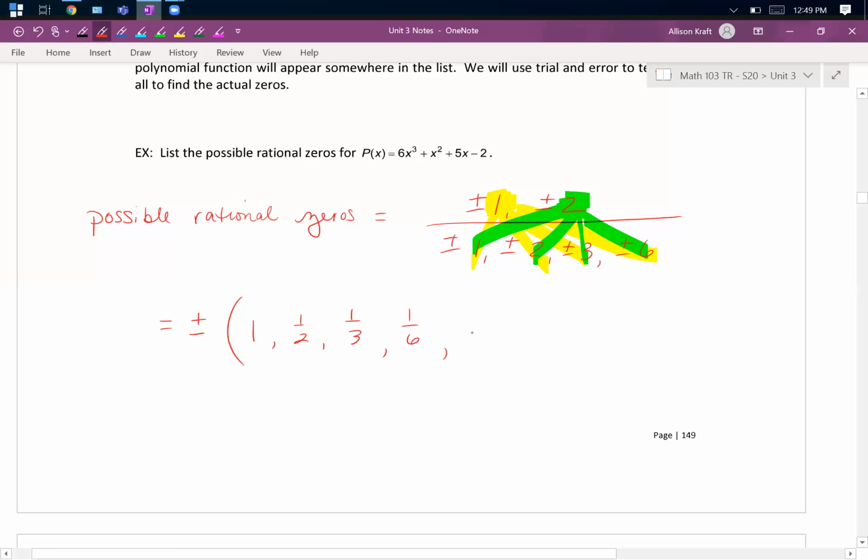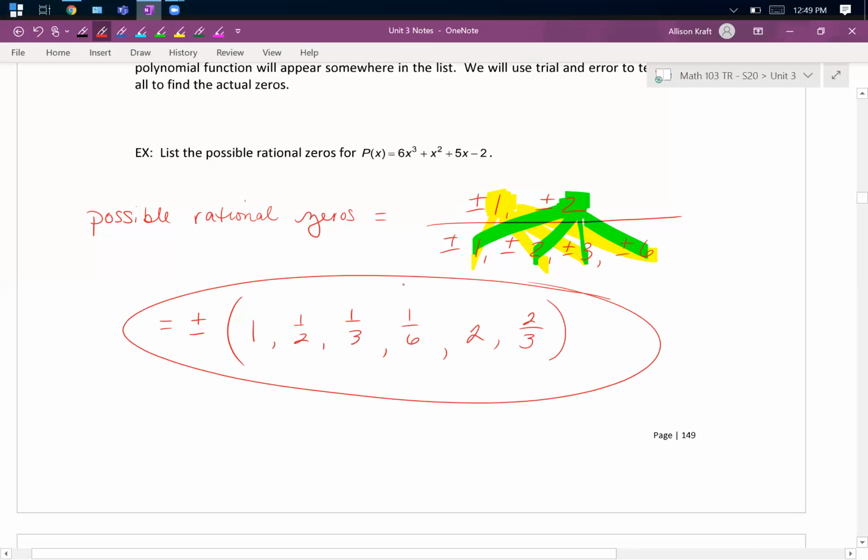So 2 over 1 is 2. 2 over 2 is 1, but 1's already on the list, so I'm not going to repeat it. 2 over 3 is 2/3. And then 2 over 6 simplifies to be 1/3, which is already on my list. So that's it. That's my list of possible rational zeros.